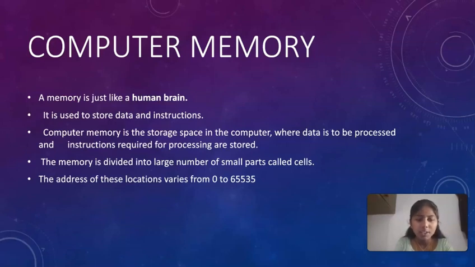Computer memory is the storage space of the computer where the data to be processed and the instructions required for processing are stored. Where we want to store the data, we store the data and instructions.